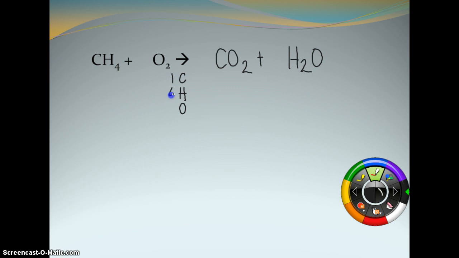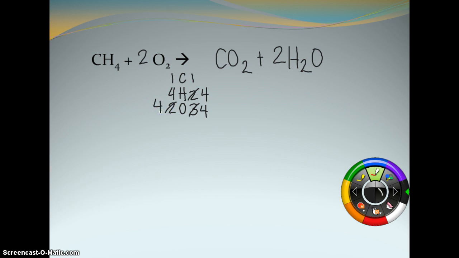We have 1, 4, and 2, 1, 2, and 3. So we can fix our hydrogen and even up our oxygen at the same time by putting a 2 here. That makes us have 4 and 4. Then all we'll have to do is put a 2 in front of the O2, and that makes 4. That was a fairly easy one to balance.